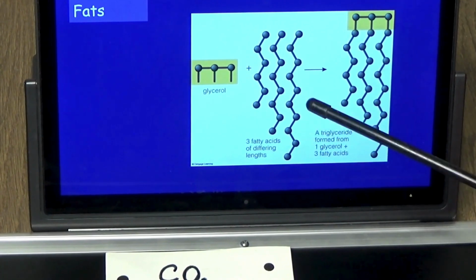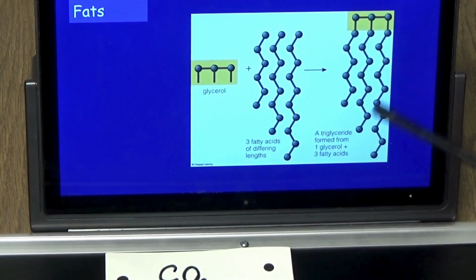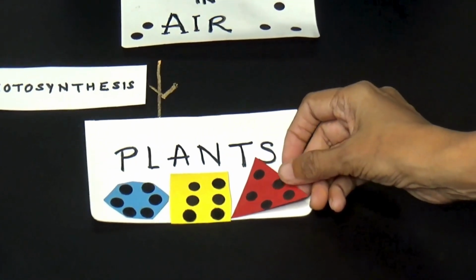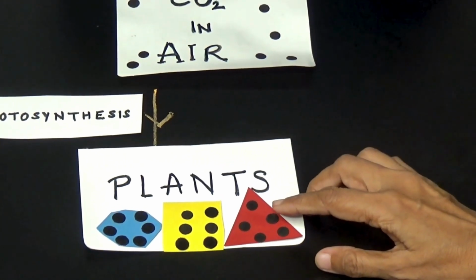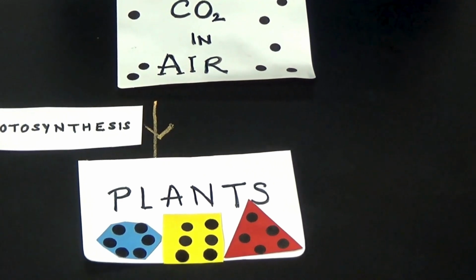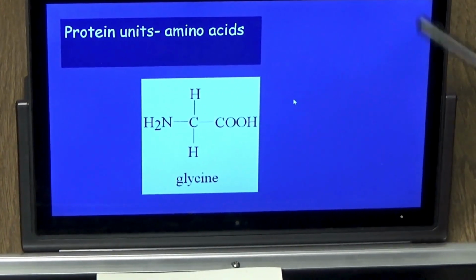These carbon chains can be of different types, and therefore we have different types of fats, but plants generate them utilizing the glucose that they have generated. So we have the second type of carbon chains in plant bodies, which is fats, and now the red one is the third type, which is proteins. So proteins is the third type of carbon chains, and we will see what proteins are.